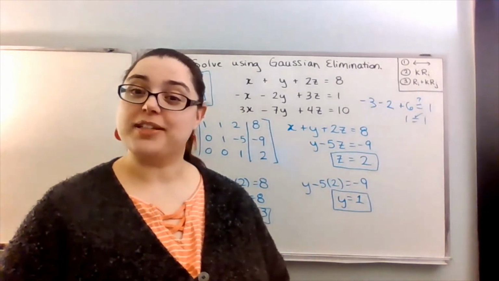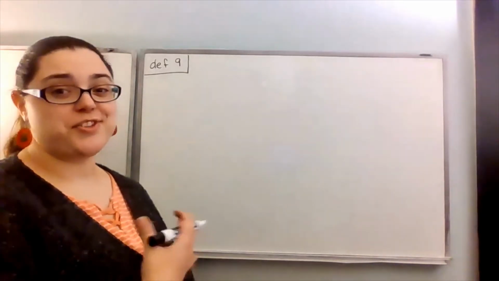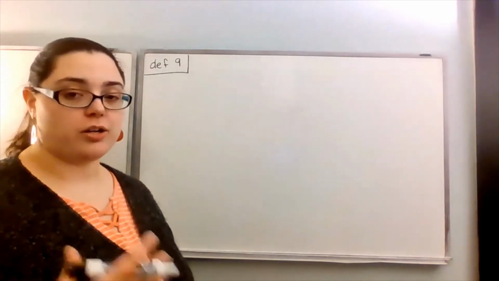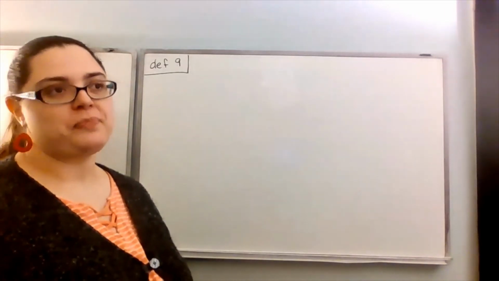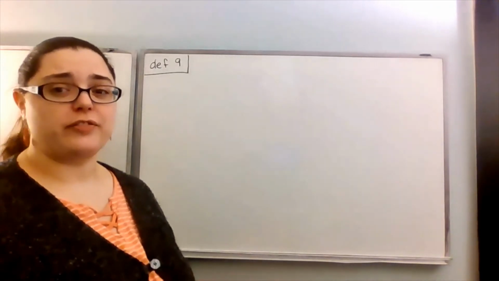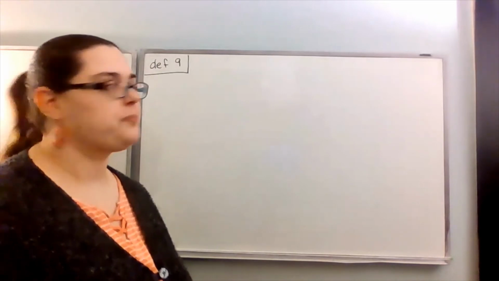Let's express that formally in a definition and a theorem. All right, so here's our definition 9. We're going to say capital A and capital B are two m by n matrices. We tend to use lowercase variables for our scalar values, for just the numbers, and we're going to be using capital letters to represent matrices.